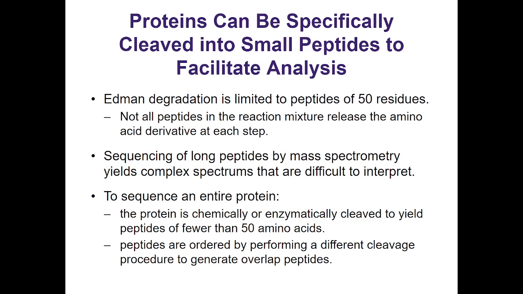To sequence an entire protein, the protein is going to have to be chemically or enzymatically cleaved to yield peptides of fewer than 50 amino acids, and then typically you have to sequence them individually. The peptides will then be ordered by performing different cleavage procedures to generate overlapping peptides, and then you can go, okay, this one has 20 amino acids that are the same as this fragment, they match, right?